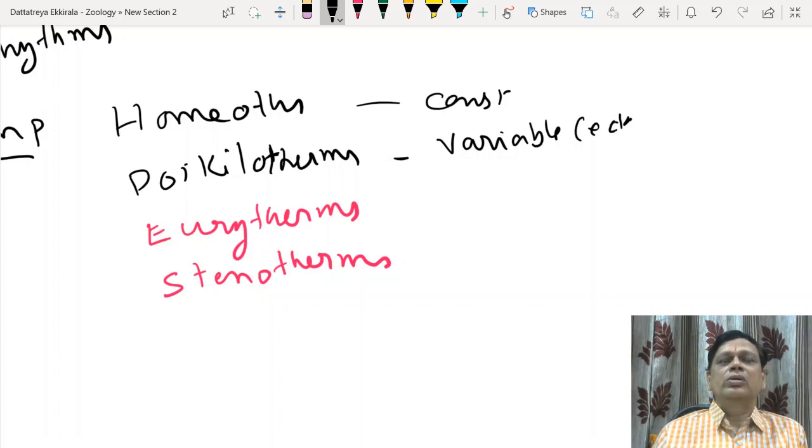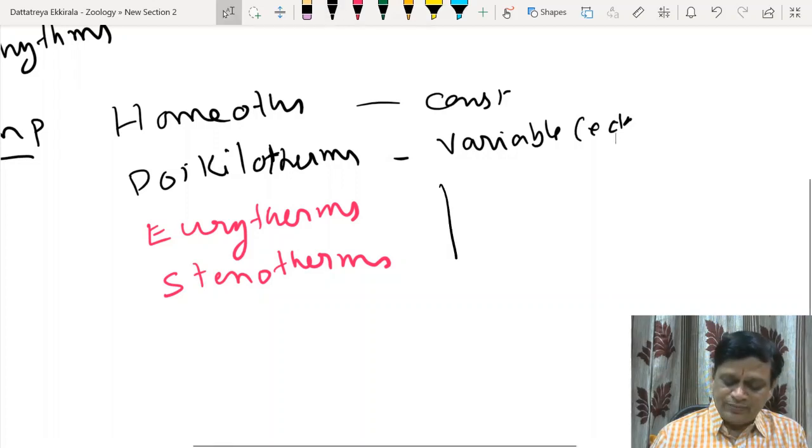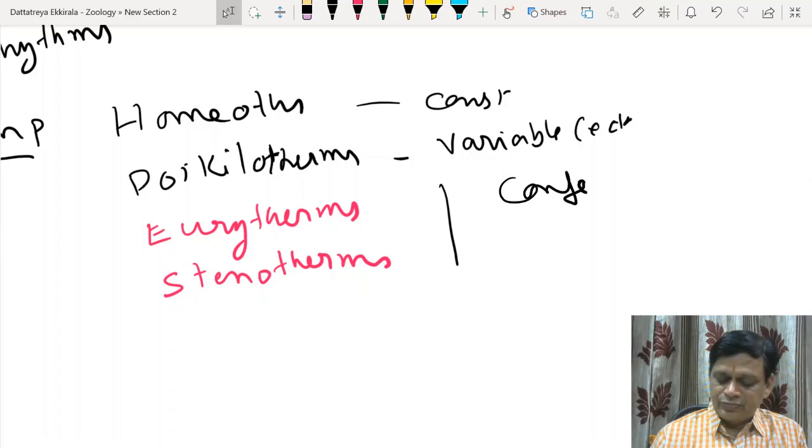So stenotherms, majority of the animals, or you can say 99% of organisms are stenotherms, because they cannot maintain constant temperature, or they cannot tolerate extreme fluctuations. Or you can also use another term, conformers and regulators.